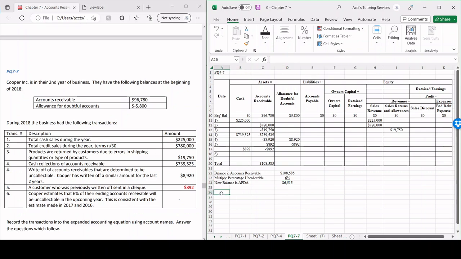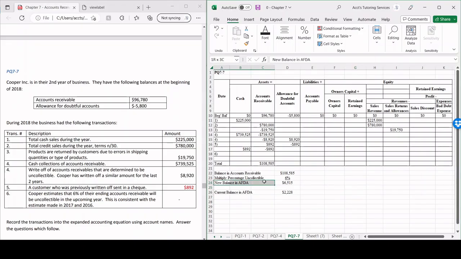So the current balance in AFDA is going to be a product of the negative 5,800 plus 8,920 plus negative 892. We have a positive balance of 228. And let's rewind a little bit.